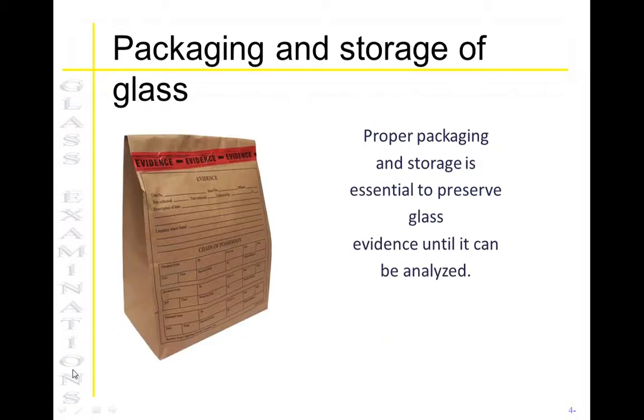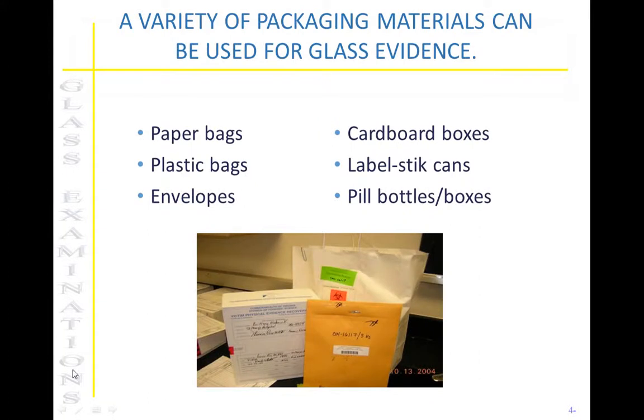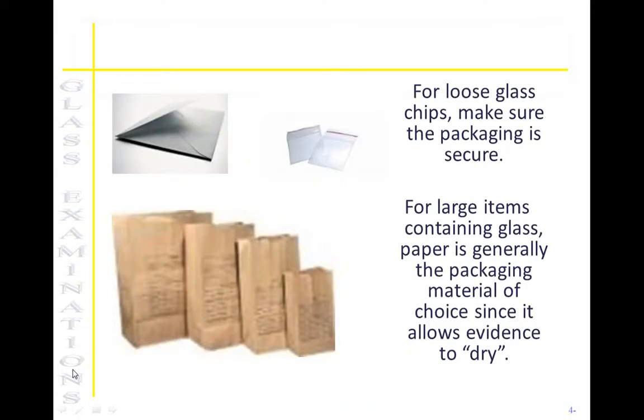You need to package glass so that it's going to preserve that glass for the analysis. And there's a wide variety of different products that can be used, but remember, if that glass has sharp edges to it, you have to prevent it from being able to get out of the container itself. In some instances, you might want to also protect that glass.